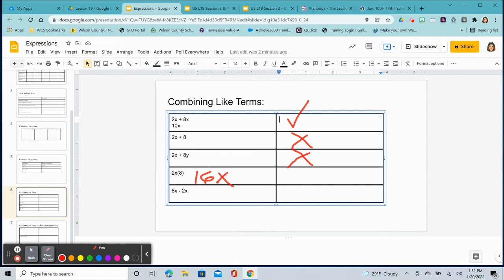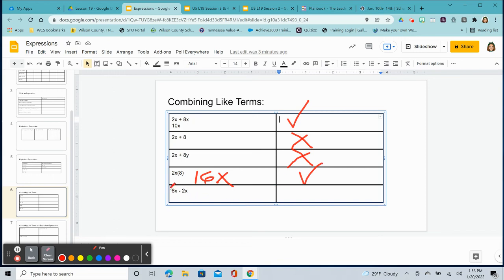And then you have commutative property that says it doesn't matter what order we multiply in. So since 2 is being multiplied by x, and then that's being multiplied by 8, it doesn't matter the order. So you can go ahead and multiply 2 times 8 and then leave that x next door so that when we have an x value, we're multiplying that as well. So just know that when you have multiplication like this, you multiply the two numbers and just remember to include the variable. So yes, you can combine that.